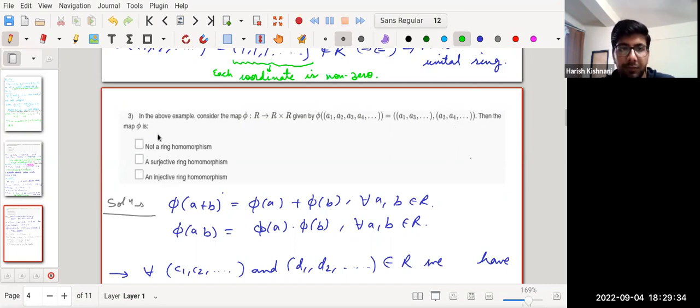So is the map phi first of all a ring homomorphism? If it is a ring homomorphism, whether it's a surjective one or an injective one, we need to check that.